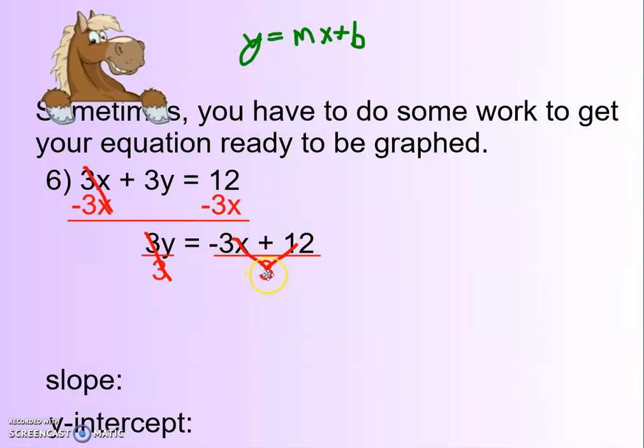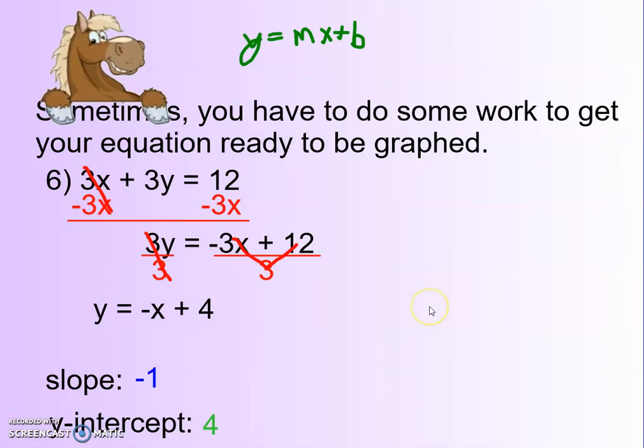So on the right-hand side, we have to do negative 3x divided by 3. We also have to do 12 divided by 3. And when you clean that up, you get just y equals negative x plus 4, because those 3's divide and make 1. And once you have that, the slope is the number right in front of x, which is a negative 1, and the y-intercept is a 4.